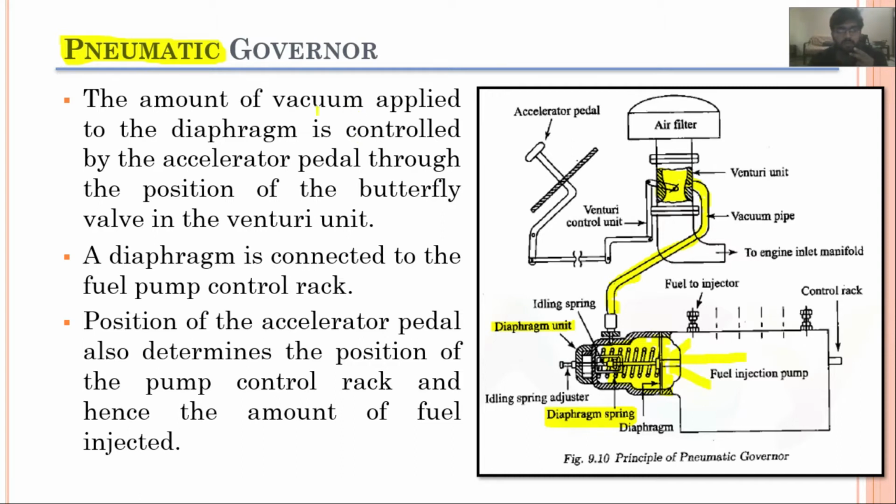The amount of vacuum applied to the diaphragm is controlled by the accelerator pedal, because when you have started the car, this accelerator pedal is pressed a very small amount, and this butterfly valve is almost closed, just slightly opened, and the air going into the intake manifold is not good enough for the desired air fuel ratio which is required during the idling condition.